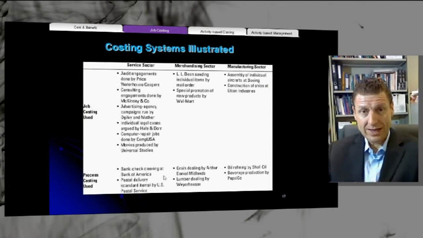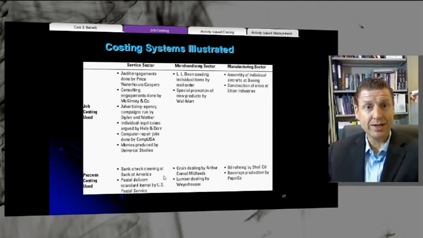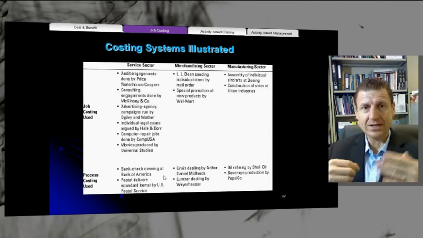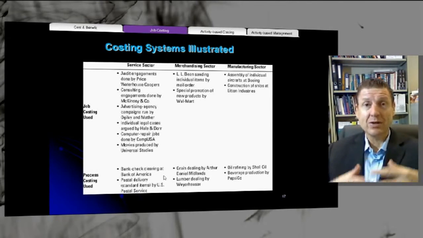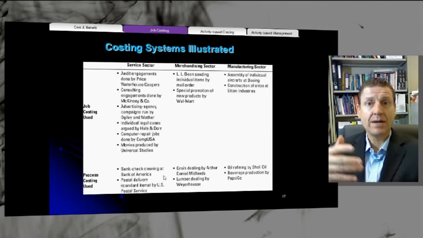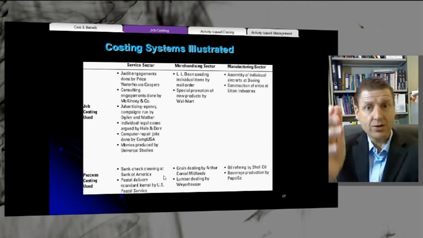We can have a look at different cost systems that are illustrated under job costing and process costing. And you can see that, as I mentioned, the service sector is a huge sector of many economies around the world now. So audit engagements, consulting engagements, IT engagements. Merchandising sector, that is retail stores, sales promotions, and you've got examples here of LL Bean or Walmart.